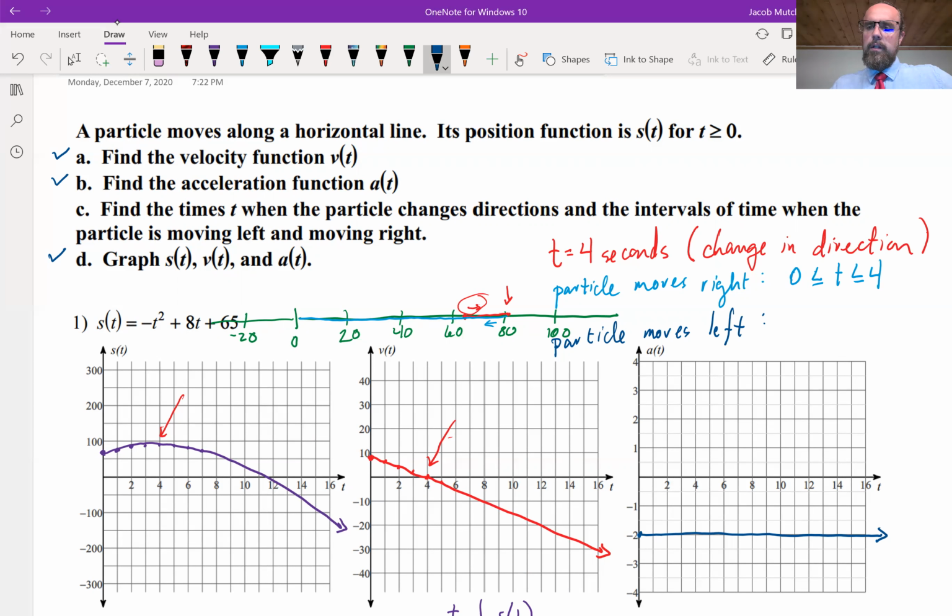So it's moving to the left from 4 seconds to, if possible, infinity, if we let that particle move forever. It would be moving to the left forever because our velocity function, which is related to the position, is negative once it crosses the x-axis at 4.